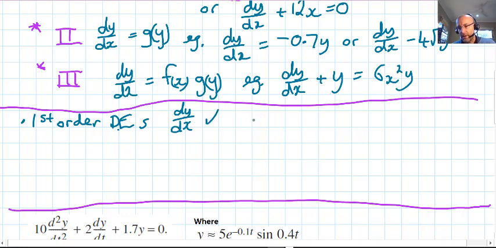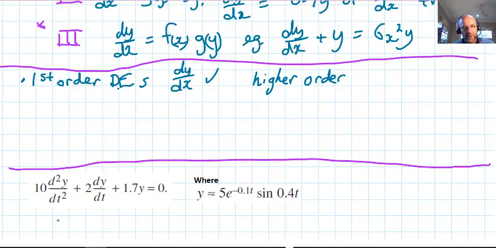There are other ones that are higher order, second order, third order. They're very important, but they're beyond the scope of what we're studying. If we have a look at an example of a second order one, down here, that might be a harmonic type situation, or a situation where we have a damped or an amplified function. That one might be for something like a bungee cord over time, and perhaps the graph of the motion might do something like that.